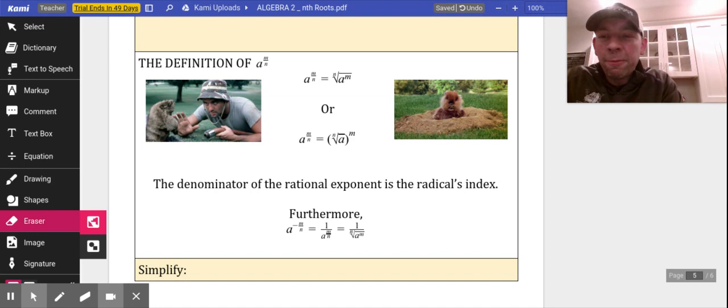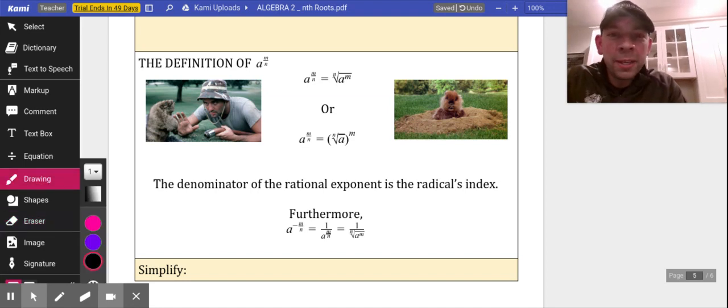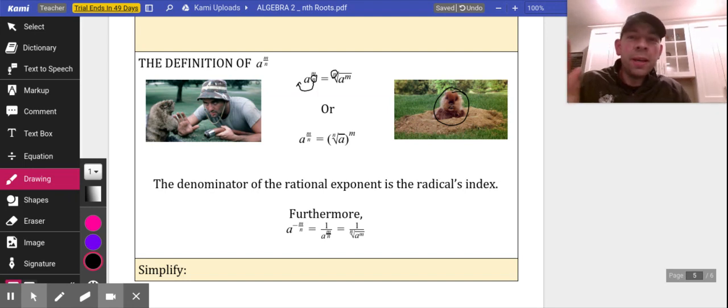Just like this nice, cute little groundhog likes to dig, burrow underground and pop up and smile at you, this n is going to go underground, and he's going to pop up on the other side, and when he pops up, he's the index, okay? So the bottom half of that fraction is our so-called groundhog, and he's going to go underground and pop up on the other side as the index, okay?